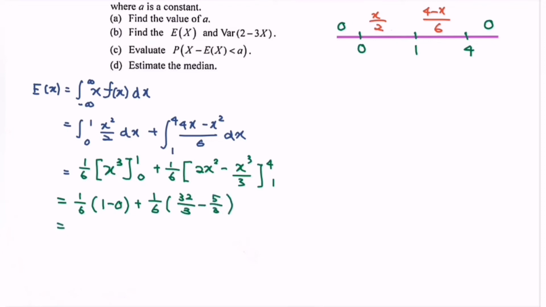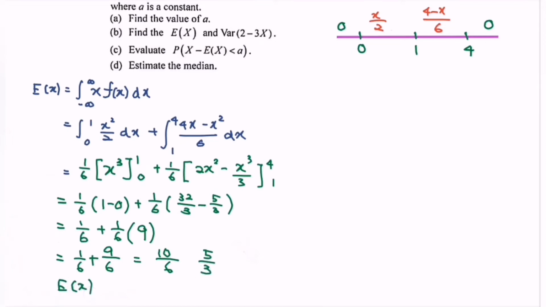So kindly simplify the situation. We have 1 over 6 plus 1 over 6 bracket, so here we will have 9. Continue. 1 over 6 plus 9 over 6, which is equal to 10 over 6. If we simplify, we will have 5 over 3 for the E(X), which is equal to 5 over 3.